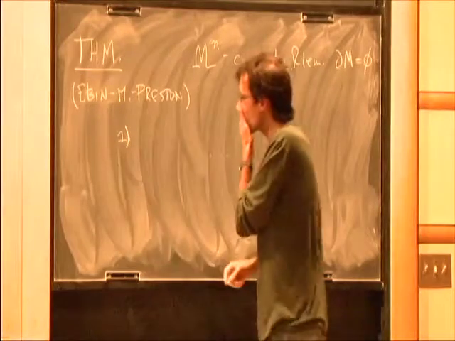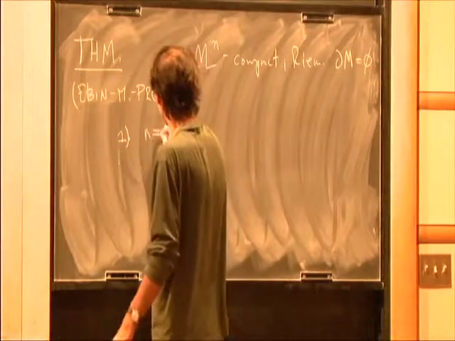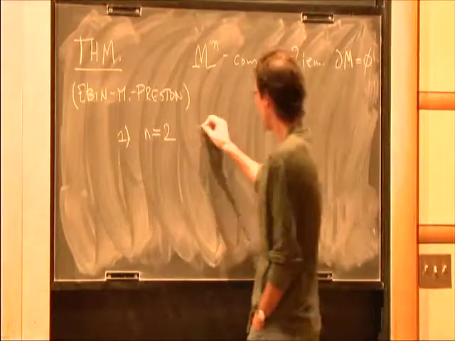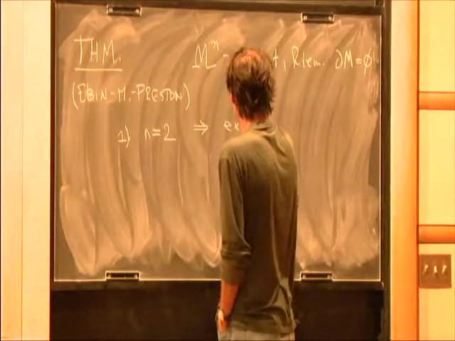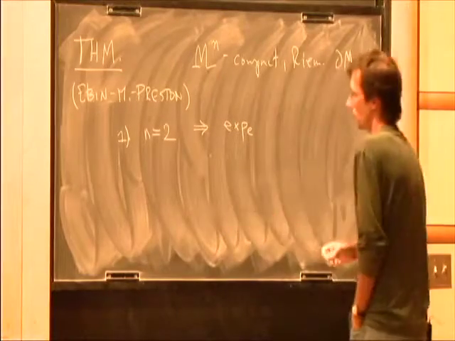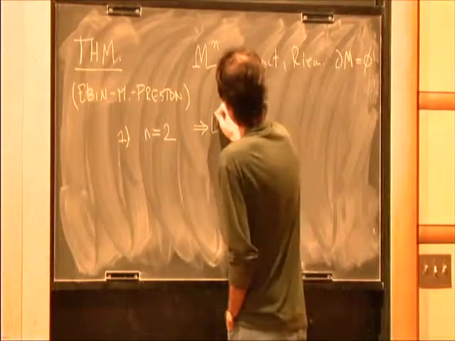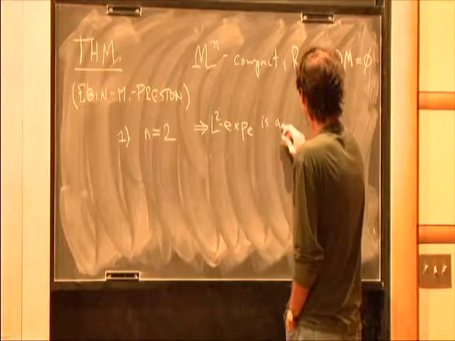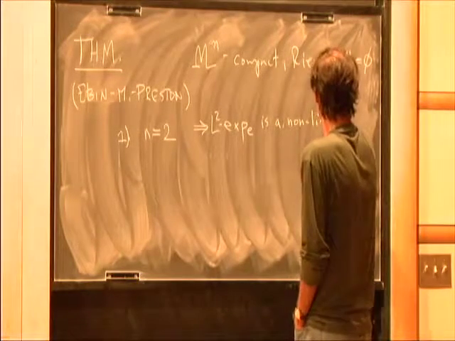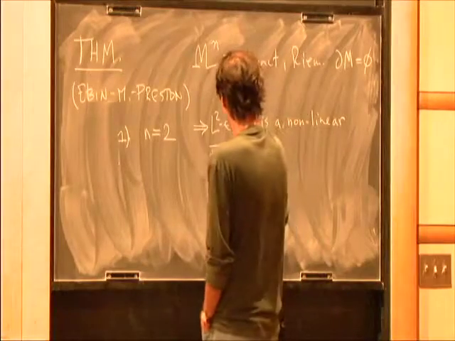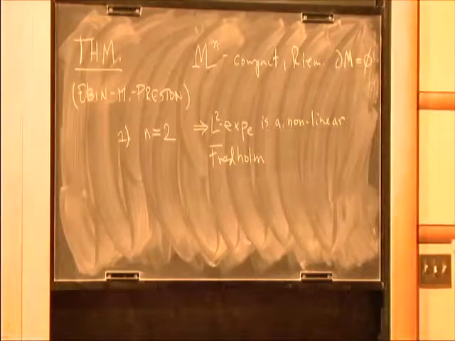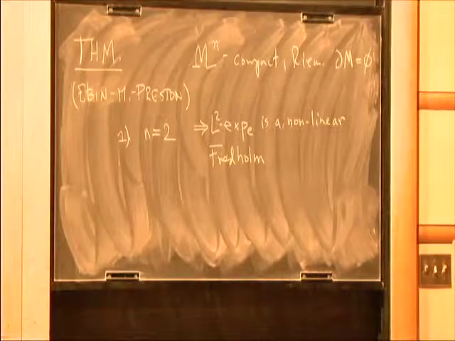The first statement is the following. Suppose that n, the dimension of M, is 2. Then this exponential map at the identity, on the L2 space, is in fact a nonlinear Fredholm operator in the sense of, say, Smale. Smale used these operators to generalize Sard's theorem.